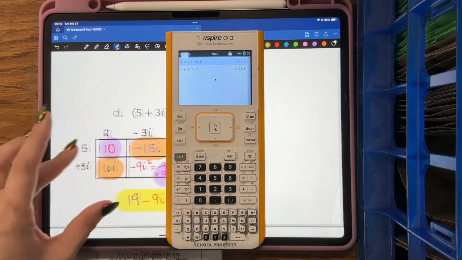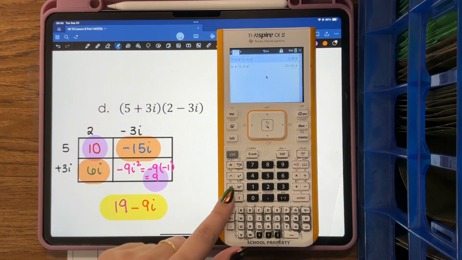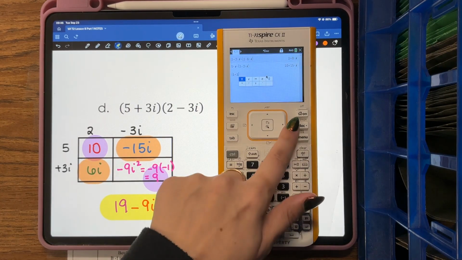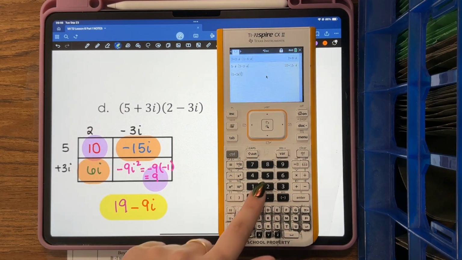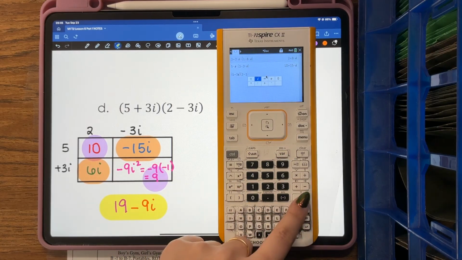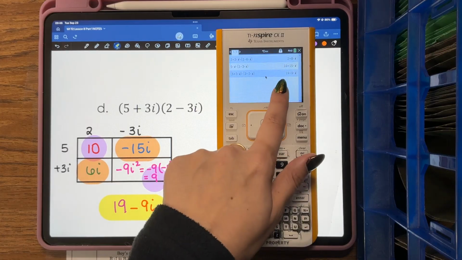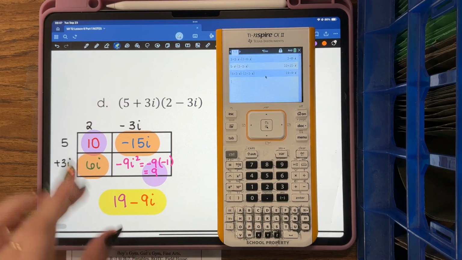Okay, if we come over to this one right here, we have our parentheses, 5 plus 3i times 2 minus 3i, type it in, press enter, 19 minus 9i, and that's what we got, 19 minus 9i.